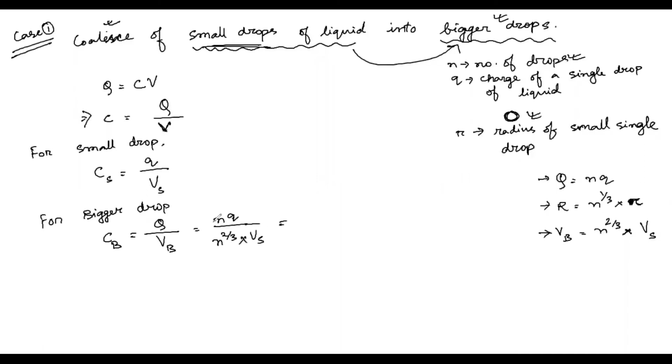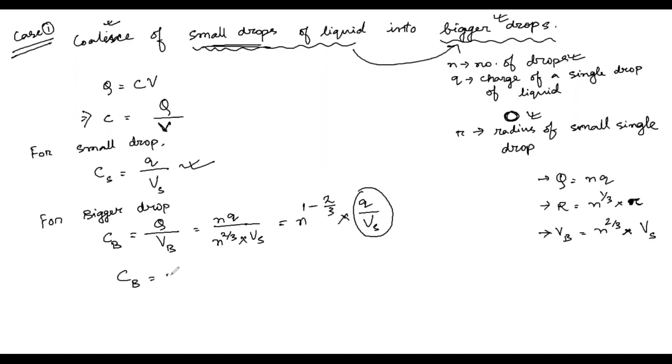Alright. Now when you simplify this n factor, it is nothing but 1 minus 2 by 3. And if you see this part, Q by V suffix s, this is the capacitance value of that small drop. All we need to do is just solve that n factor.